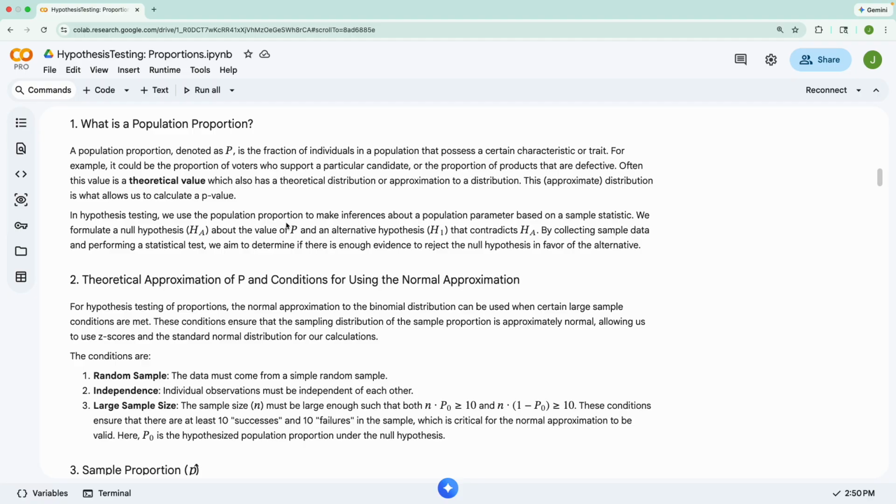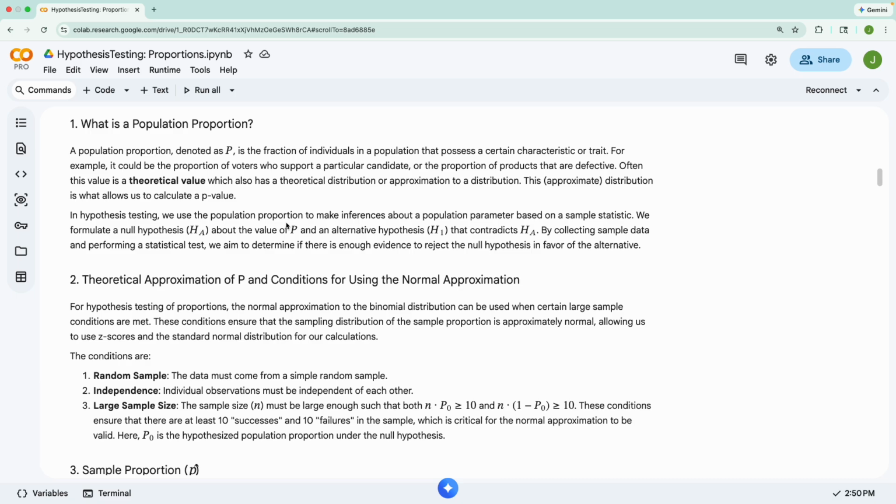If I asked you what is the population weight of all adult men, that would be very difficult to obtain. We'd have to actually go out and measure every single adult male. So what we'll do is we'll take a sample and we'll use data to assess things about the entire population.